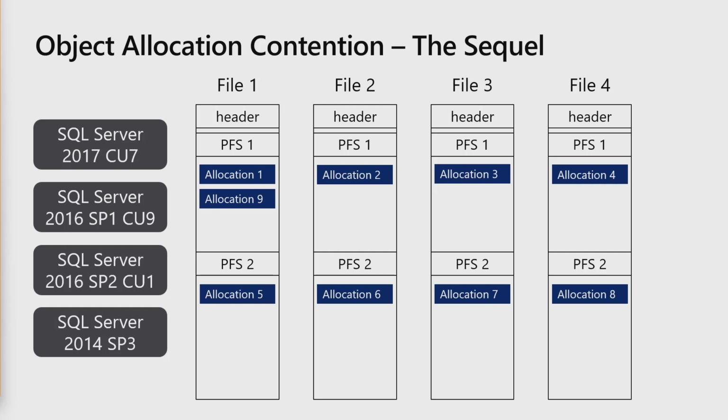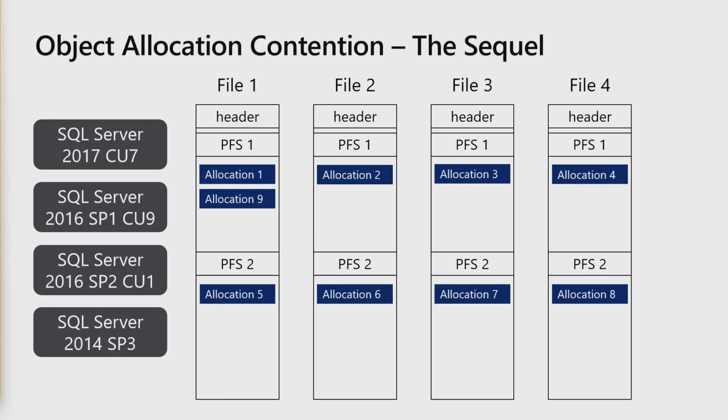But with this change, we now round robin across all of the PFS pages within the file, not just across the files. So allocation goes back to file 1 at the second PFS range, and then subsequent files and PFS ranges. We now round robin across all PFS pages in all the files. So we're not just wrapping across files. We are now round robining within the file as well.